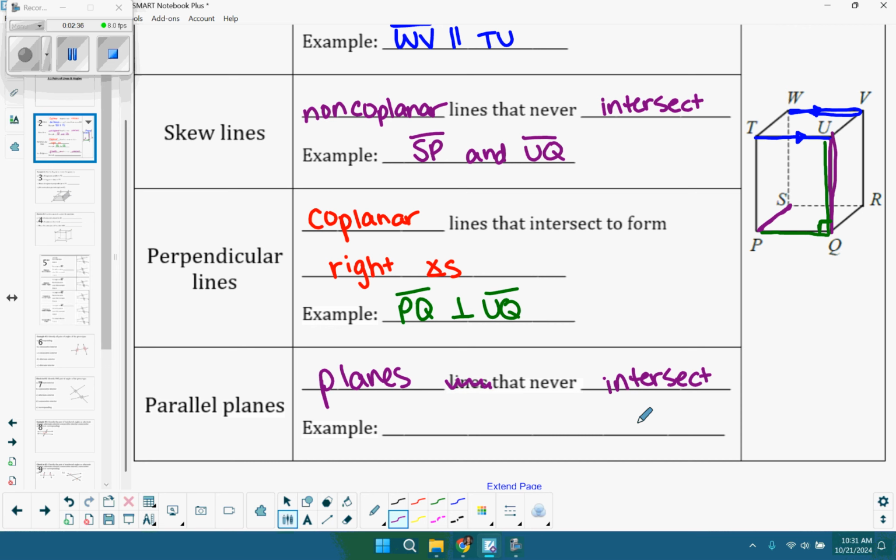So an example here, like the top and the bottom would be parallel planes, or the front and the back would be parallel planes. So we could say plane, the top, we could pick any three of these four letters, plane TWV is parallel to plane, and we could say the bottom, any three letters here, SPQ.